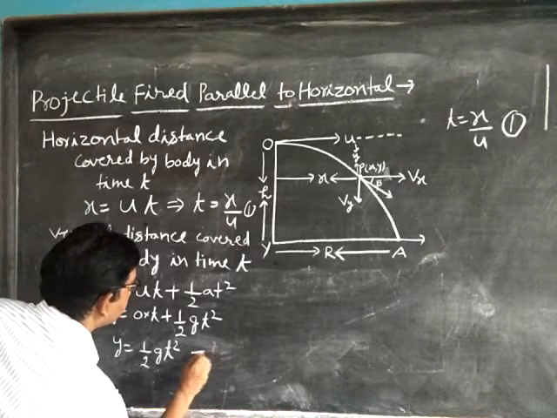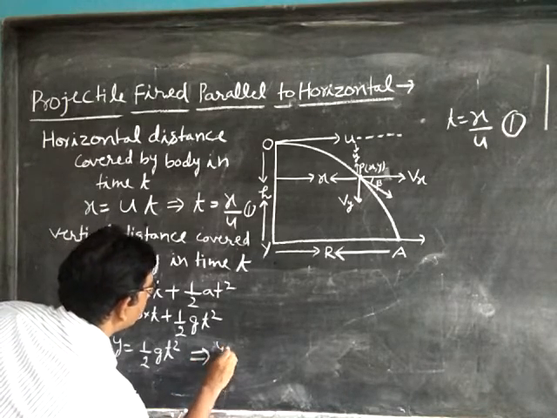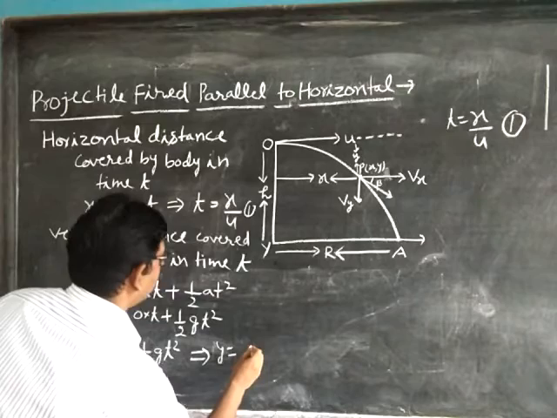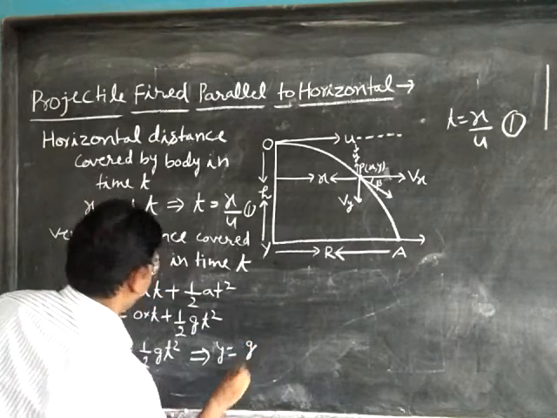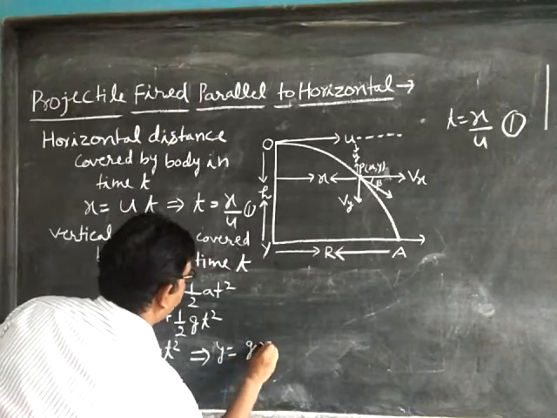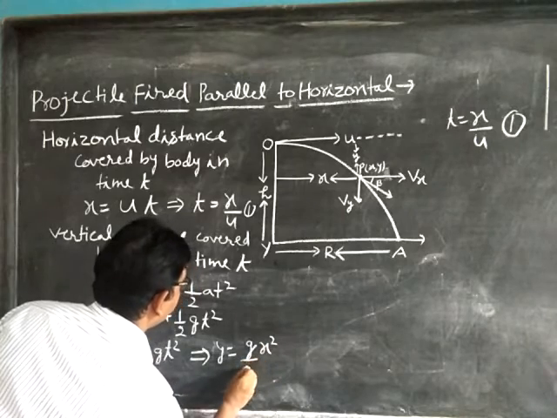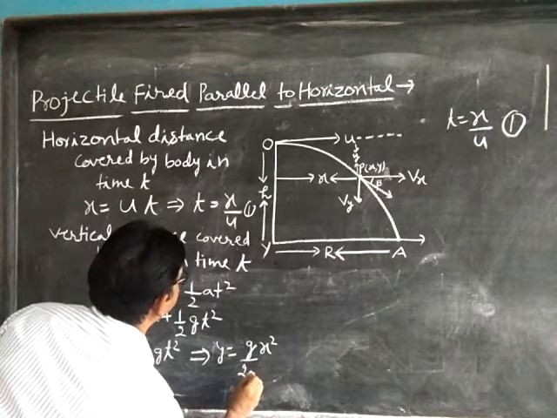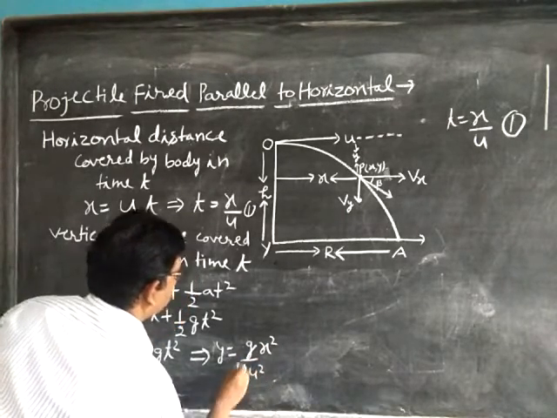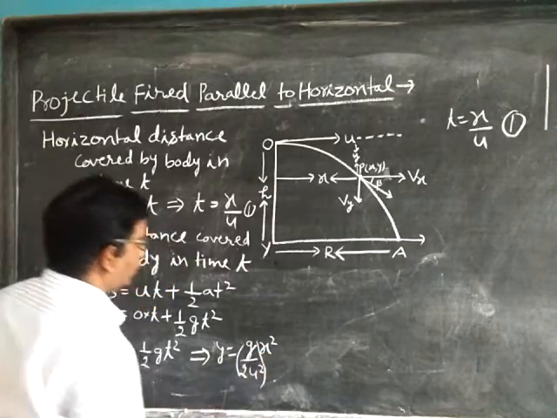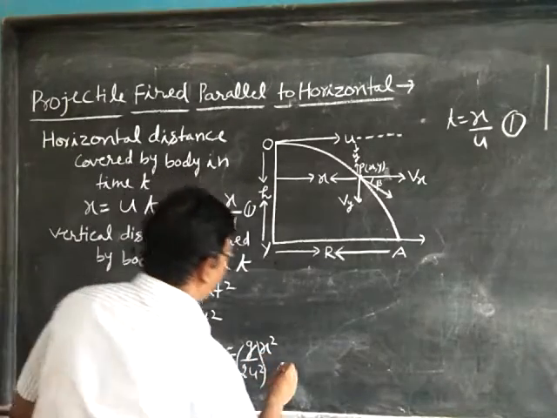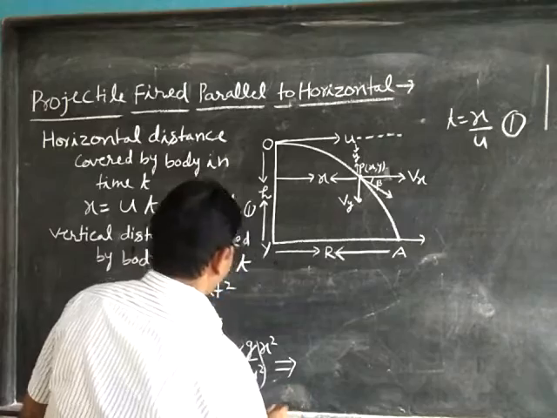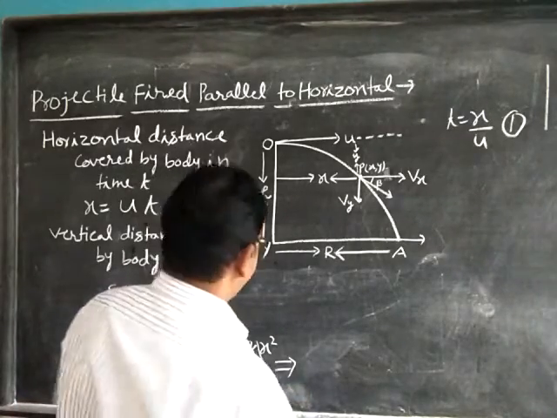This implies y is equal to g x square upon 2 u square. Here g upon 2 u square is equal to, suppose, constant k.